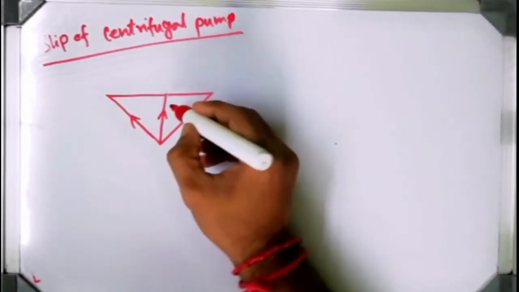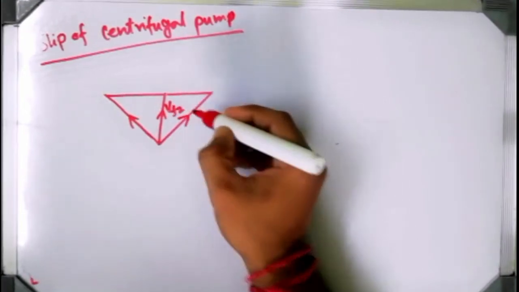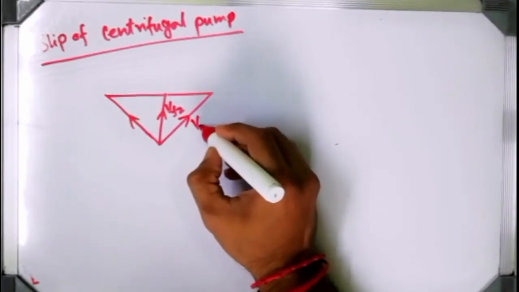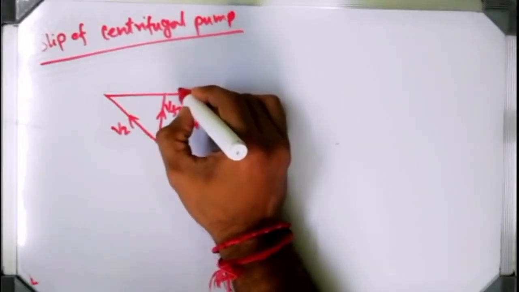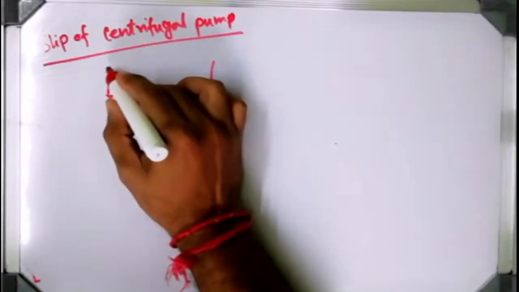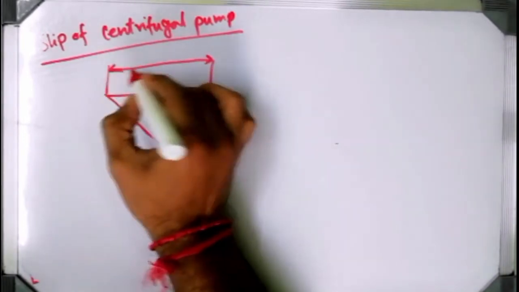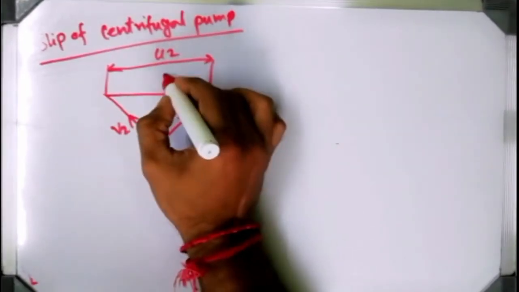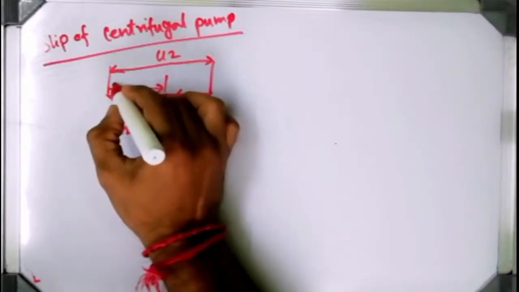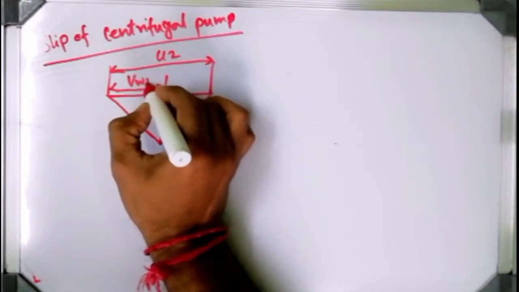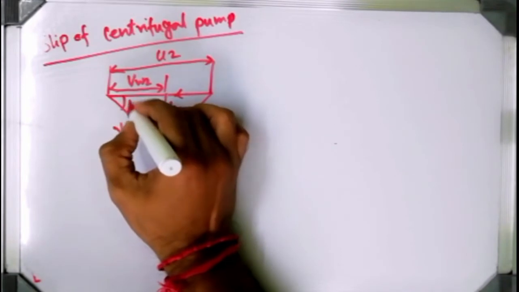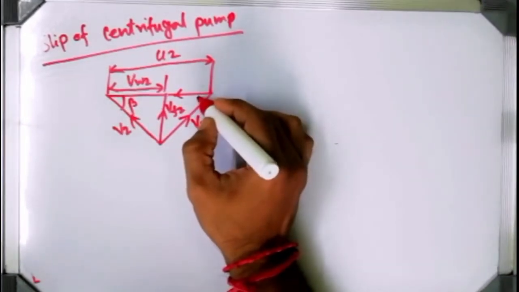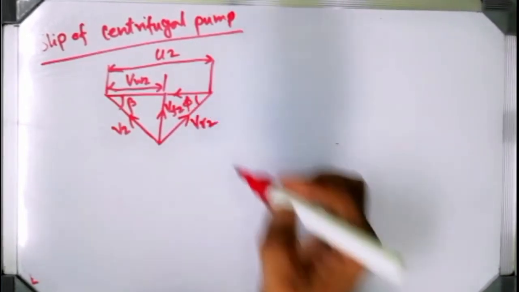It will be needed to explain the slip. VR2, V2, then this whole part is U2, and this small part is VW2. If you make a drawing 3 or 4 times, it will be very easy for everyone. This angle is beta and this angle is phi.